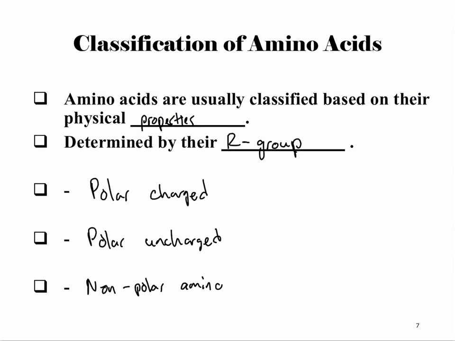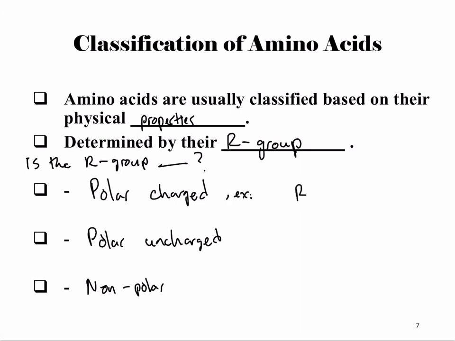So is the R group polar? So we say, is the R group polar, charged, polar uncharged, or nonpolar? Basically, a polar charged R group, an example of that would be at pH 11 solution.